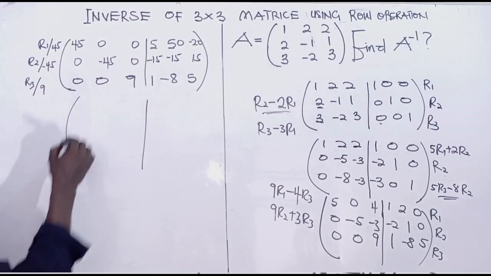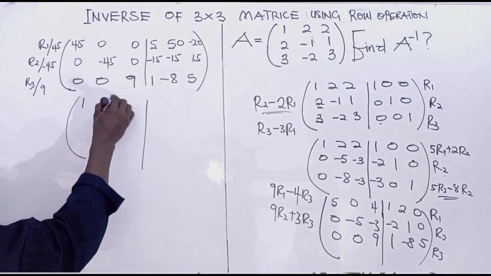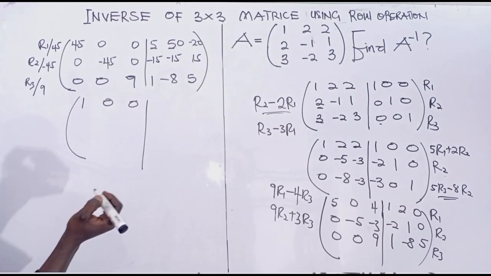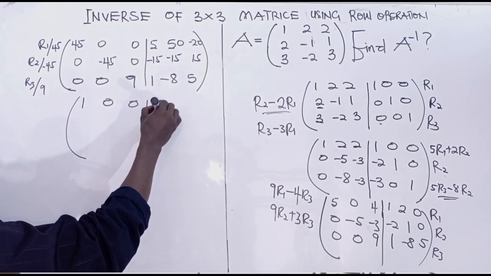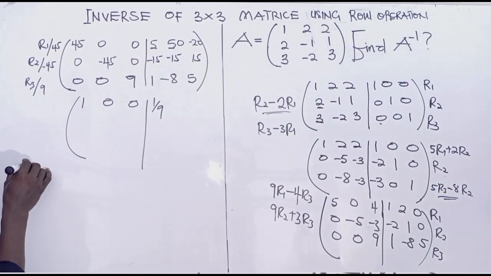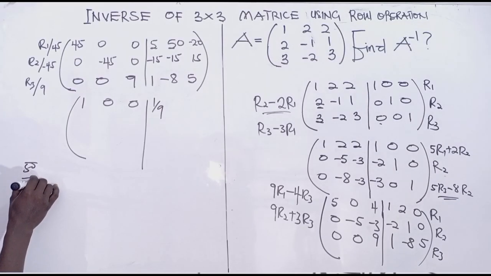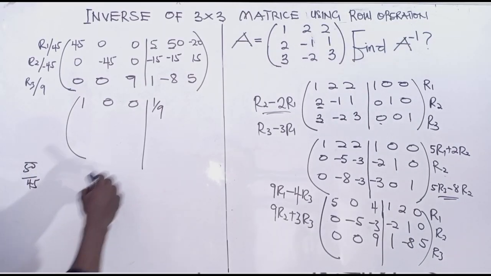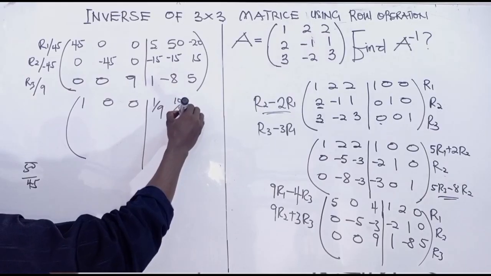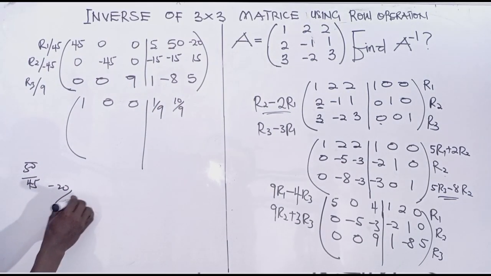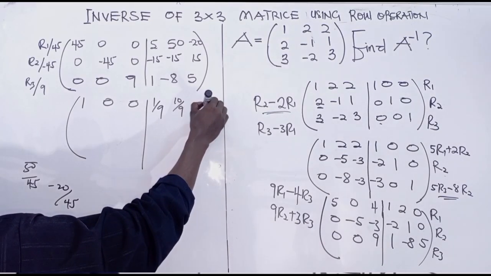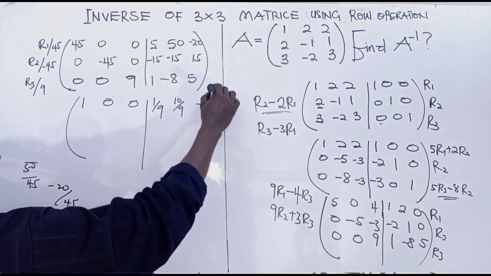This is going to give us 1. This is going to give us 0. This is going to give us 0. Now this is going to give us 1 over 9. And then we have 50 divided by 45, and that's going to give us 10 over 9. And then we are going to have minus 20 divided by 45, and that's going to give us minus 4 over 9.